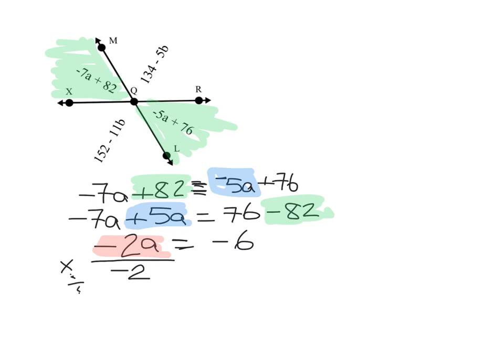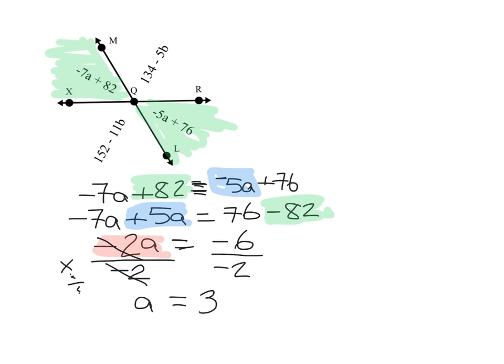I'm not changing from plus or subtract to add. I'm changing from multiply to divide. So I don't want to change the integer at all. If I have to multiply by negative 2, the opposite is divide by negative 2, so I have to do that to both sides. Negative 2 divided by negative 2 is 1, so it leaves me with a, and negative 6 divided by negative 2 is positive 3.